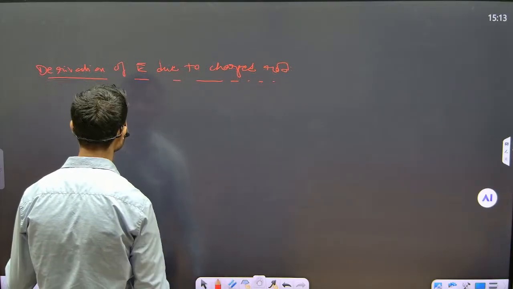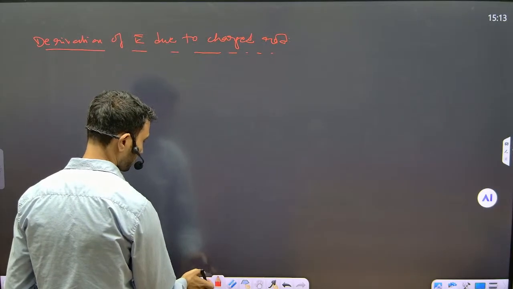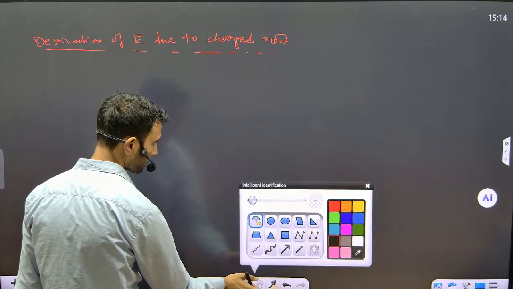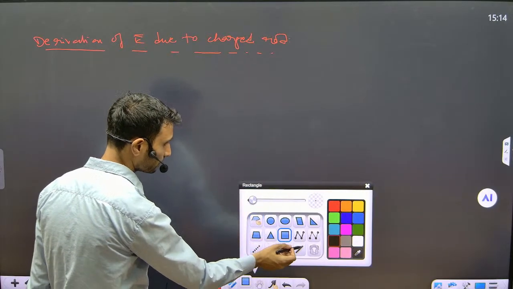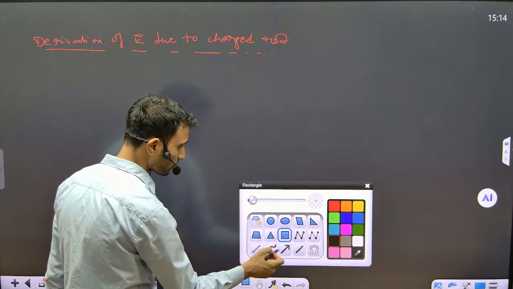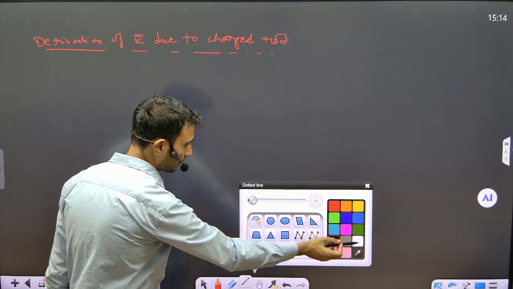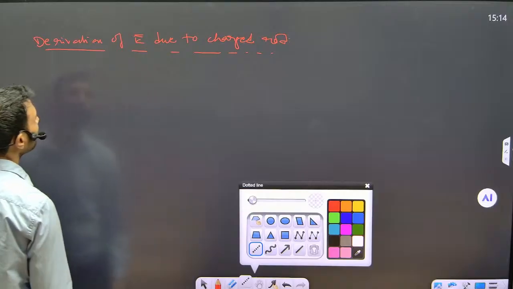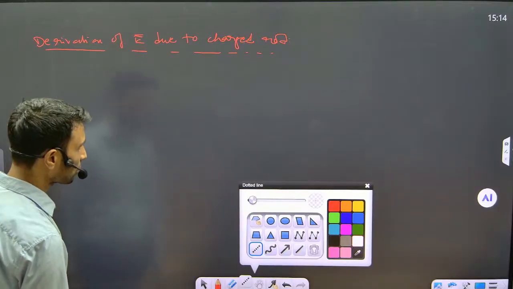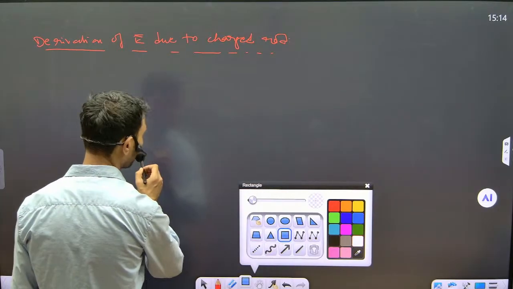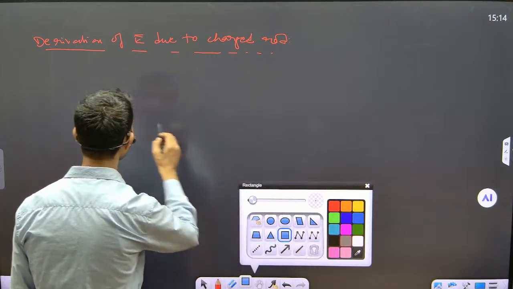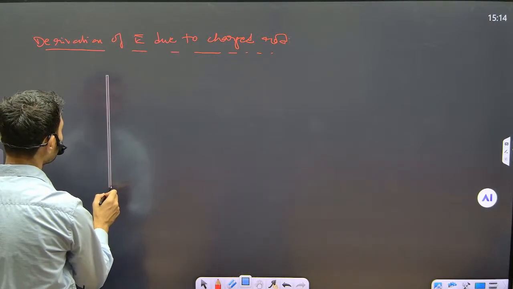Right. Let's go ahead. Electric field due to charged rod. Okay. Let's draw the rod first. So here is our rod, guys. This is our rod, right?